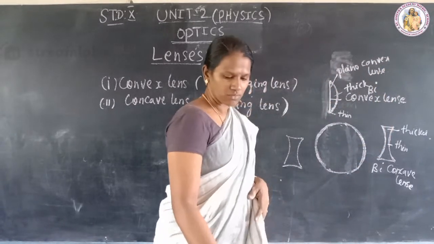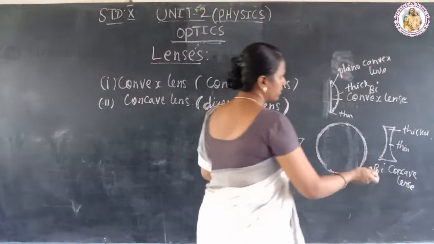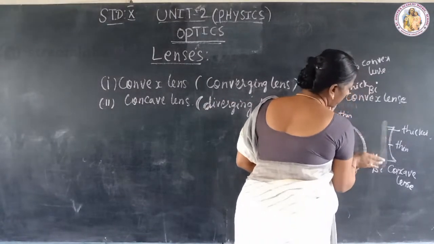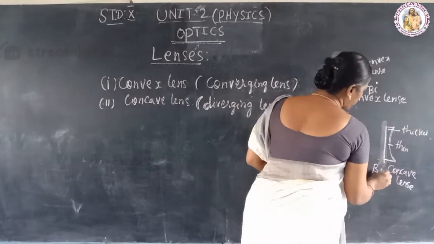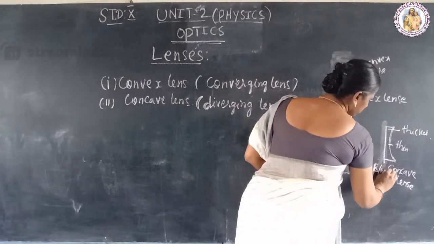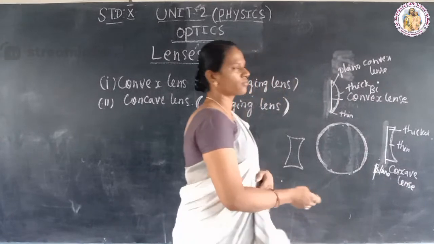Then plano-concave lens is the same: if one face of a concave lens is plane, it is a plano-concave lens.